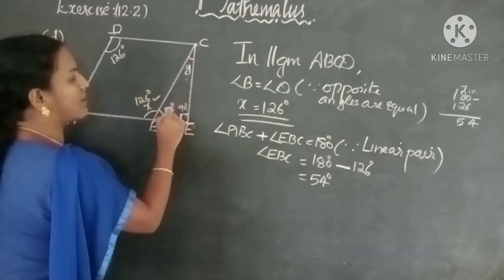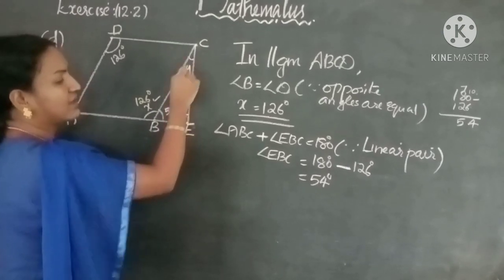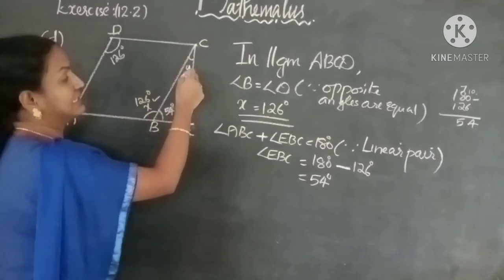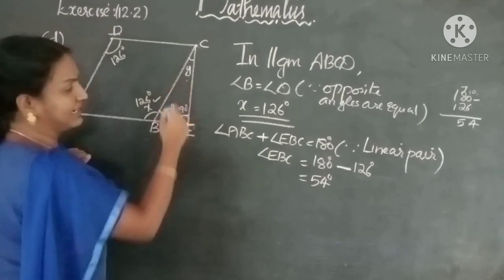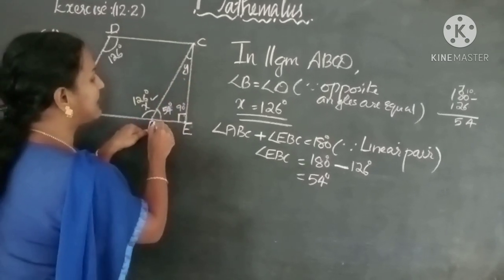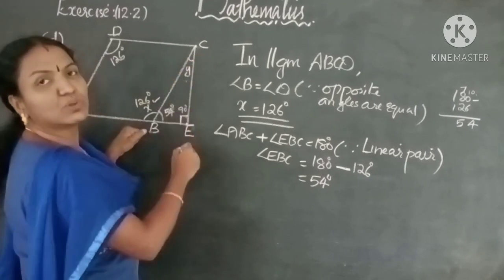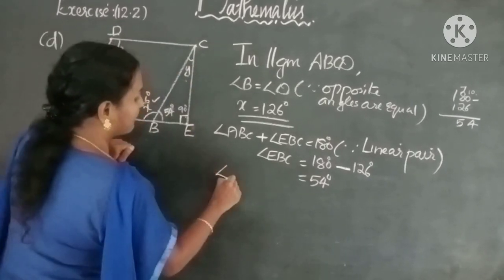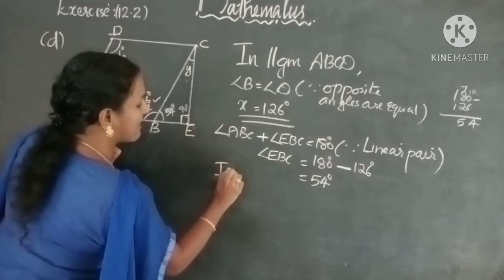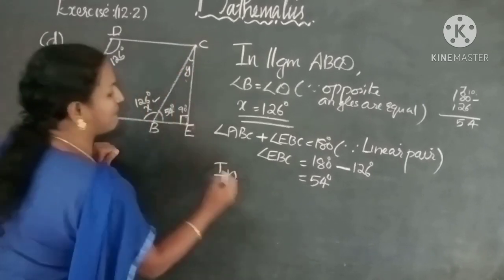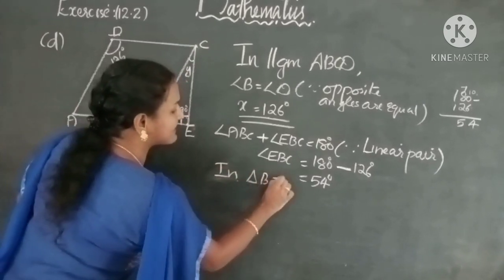By using these two angles, we have to find the value of y. Which property? The angle sum property of a triangle.